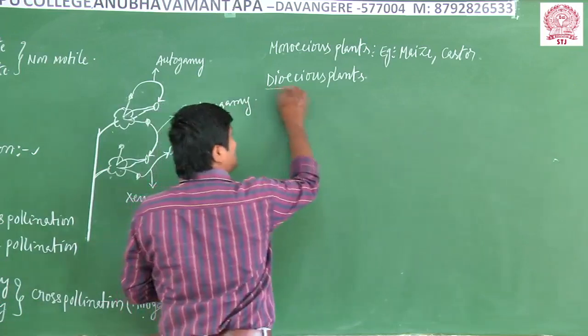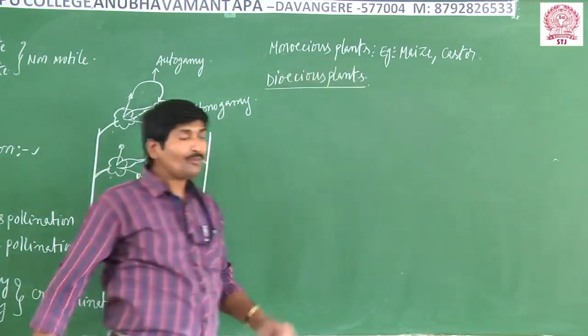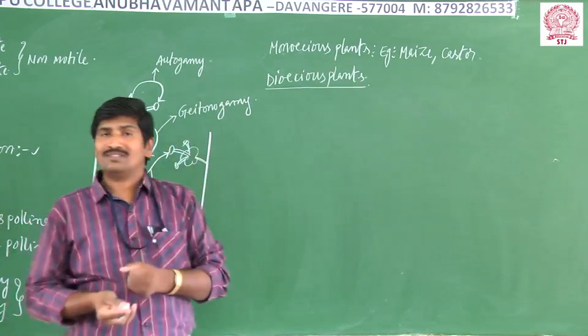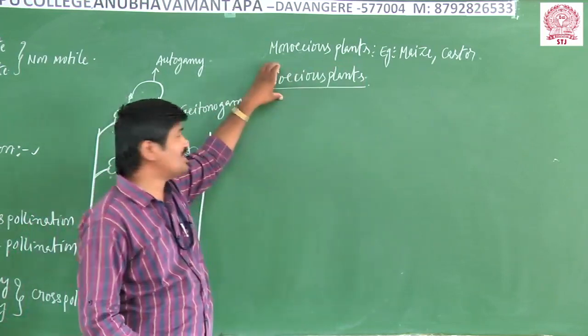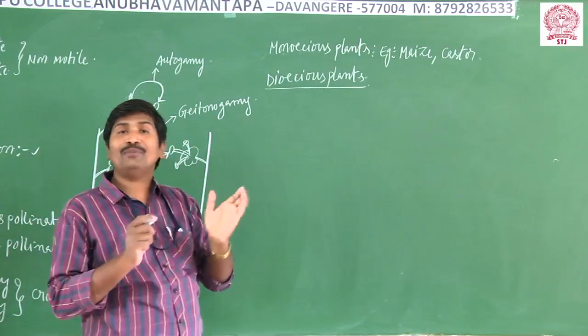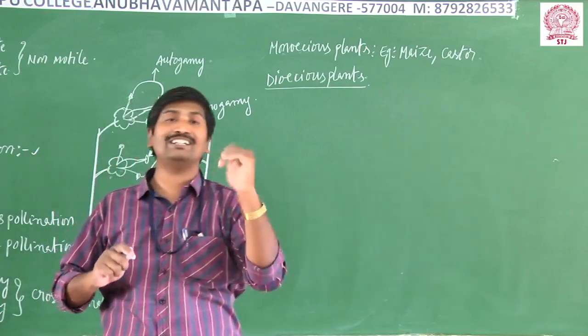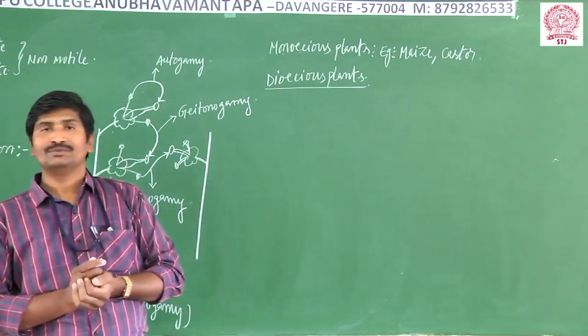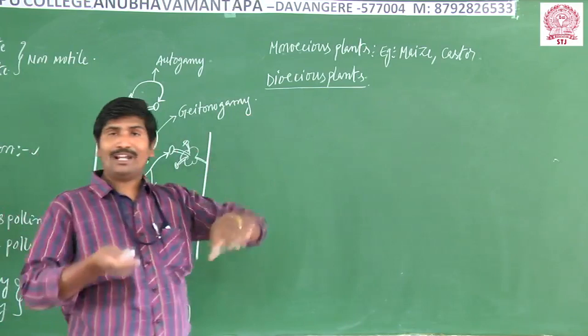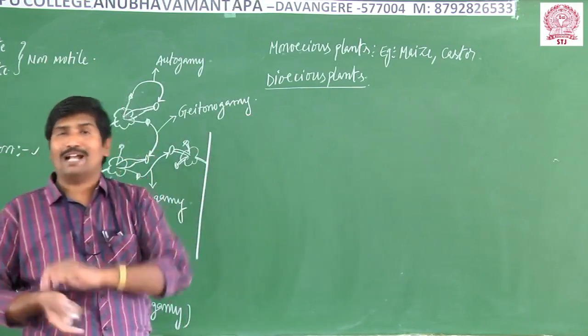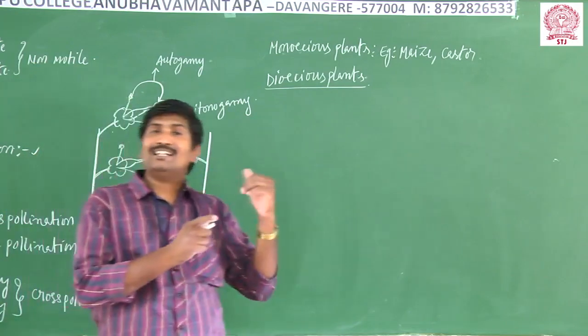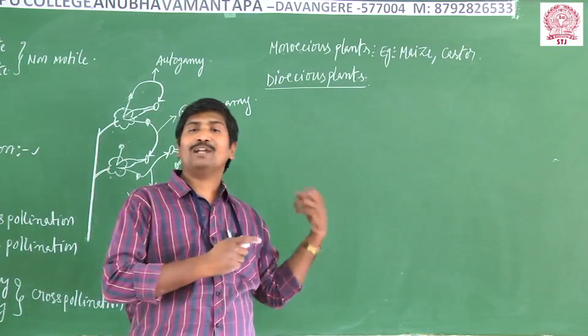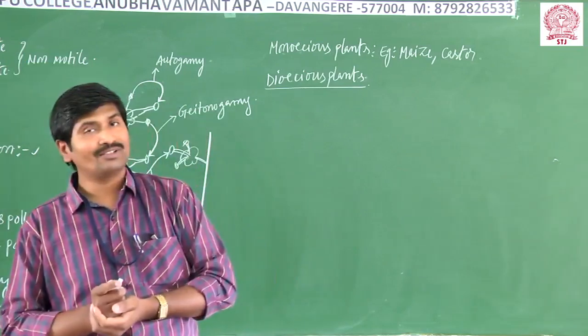What about dioecious plants? In dioecious plants, the male and the female flowers are present on different plants. Male plant and female plant. The male plant contains male flowers and the female plant contains female flowers.